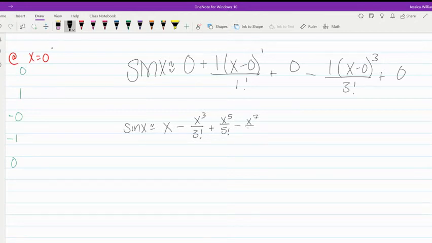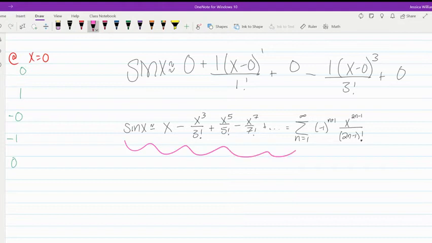And then minus x to the 7th over 7 factorial. If I were to write this in a summation, it would look like this, where I need an alternator. I need x to odd powers, and I need odd factorials underneath. So this is the 4th series that you need to have in your memory because we use sine a lot.